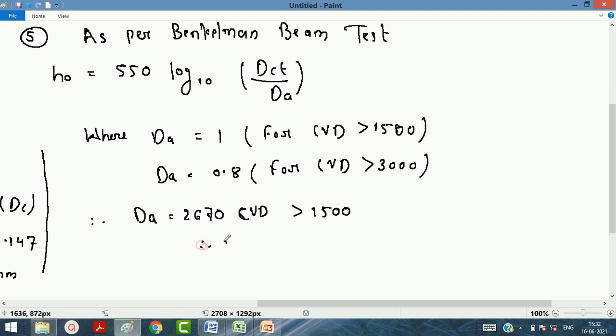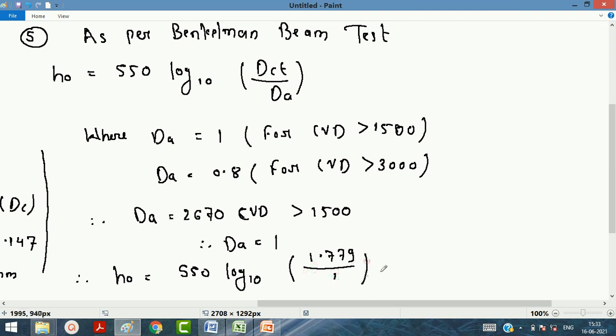Therefore we take dA as 1. Therefore H naught is equal to 550 log base 10 of dct, the deflection after temperature correction, 1.779, divided by dA, that is 1. So H naught we get is 137.5, which is nearly equal to 138 mm.